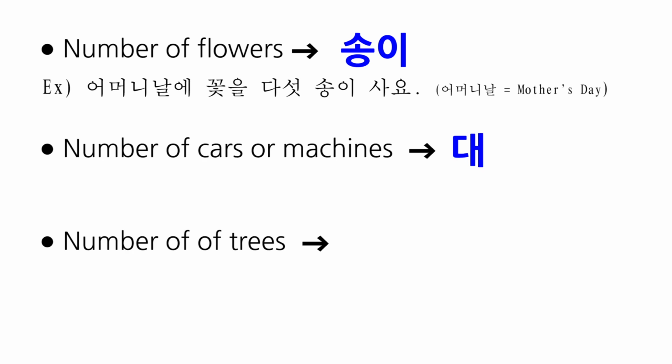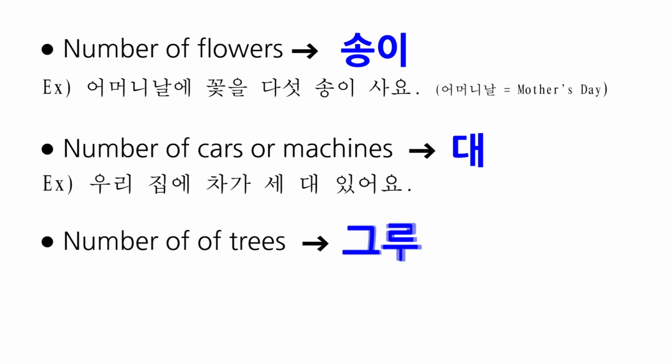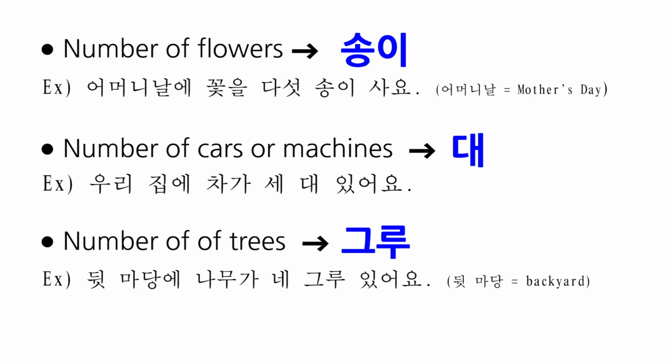Example, 우리 집에 차가 3대 있어요. Number of trees, 그루. Example, 뒷마당에 나무가 4그루 있어요. 뒷마당 means backyard.